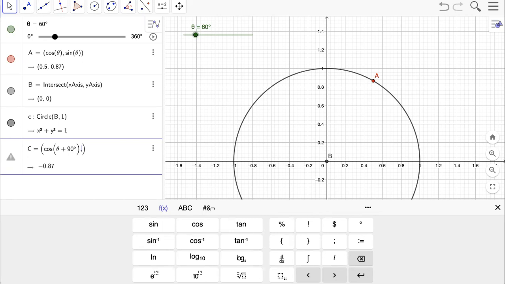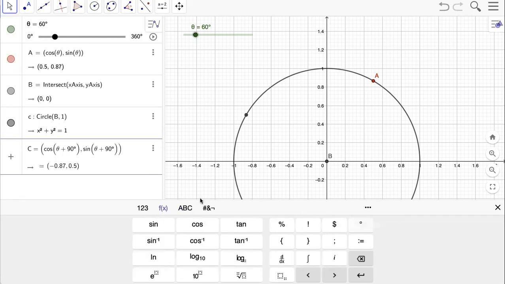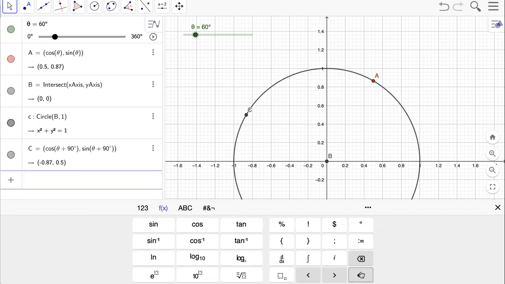All right. Okay. Comma. And then second part, sine. The y coordinate will be sine theta. Also plus 90 degrees. Okay. So I finished now. So I can press enter or use your own keyboard to press enter. Can you see this? Yes.